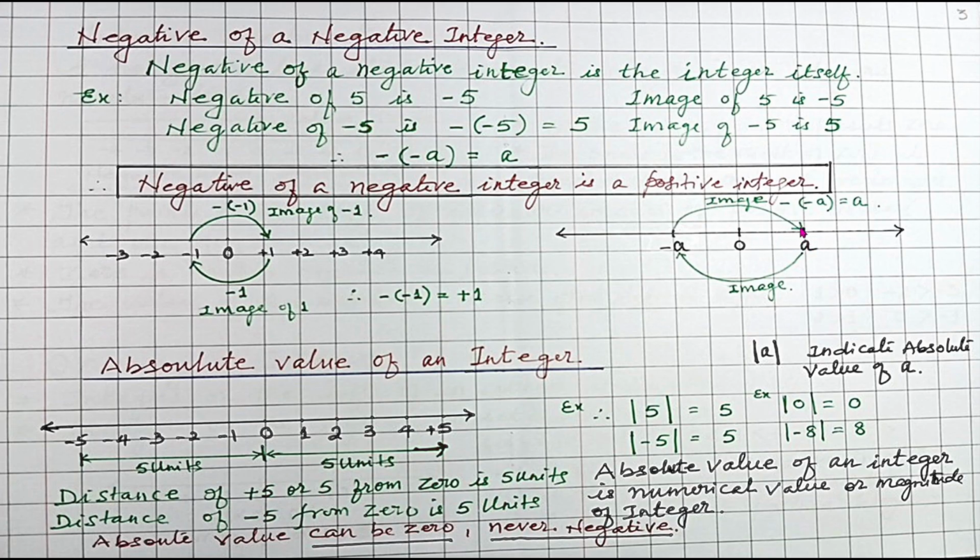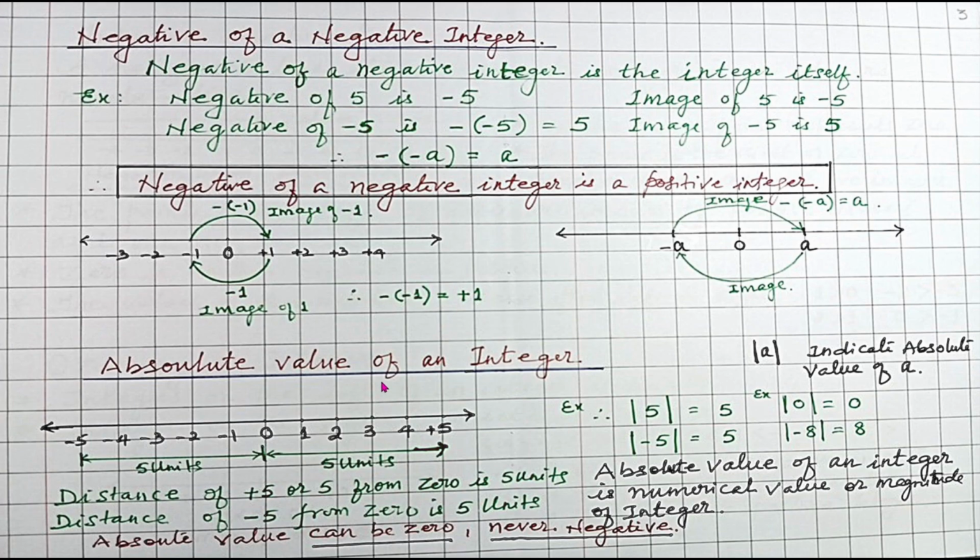If a is a positive integer, then minus of a is a negative integer, that is -a, and the negative of negative a is again a, that is the image of -a is +a. Therefore, if you take the image of +1, it is -1. We take the image of -1, again it becomes +1. Therefore minus of -1 is +1.